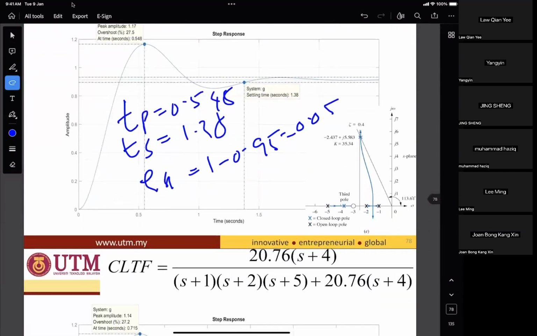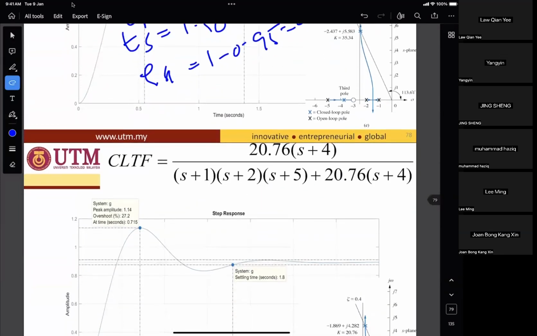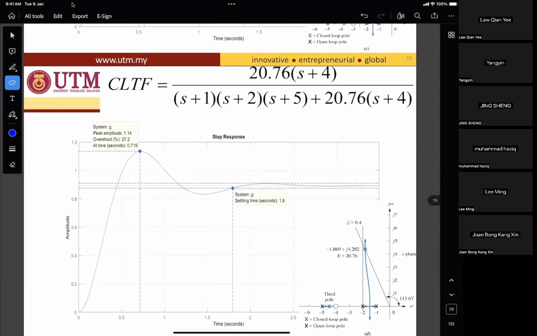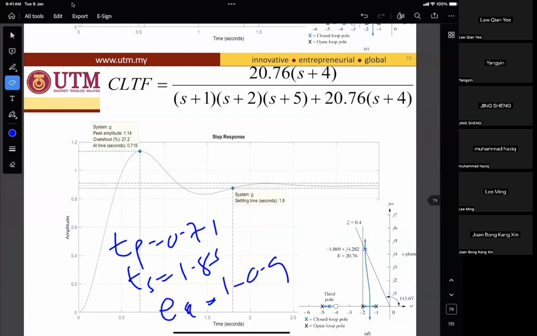And then lastly, we add S plus 4 with gain 20.76, and we observe the response. Peak time 0.71, settling time 1.8. And the error is about the same, 1 minus 0.9, 0.1.